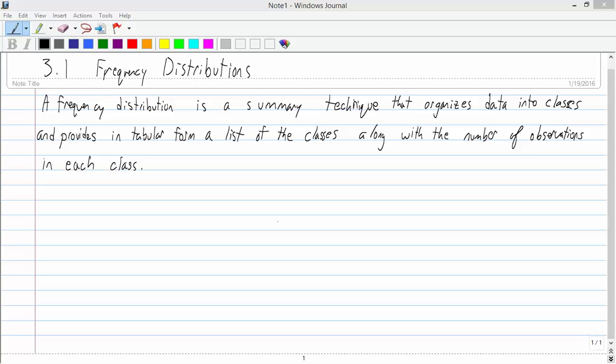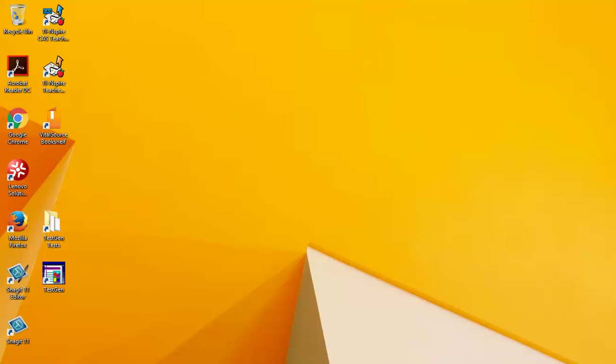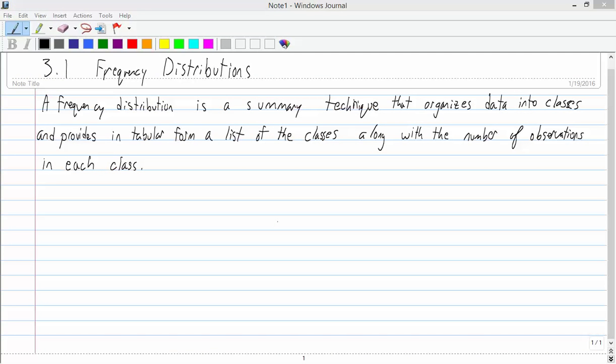So, there are all different types of frequency distributions and ways that the data is given. Let me show you an example real quick of just a basic frequency distribution.